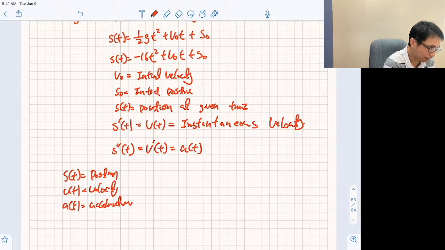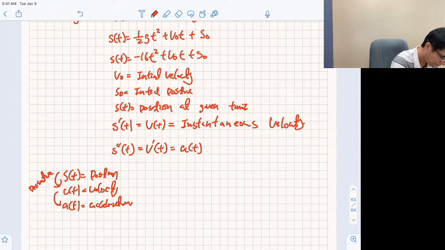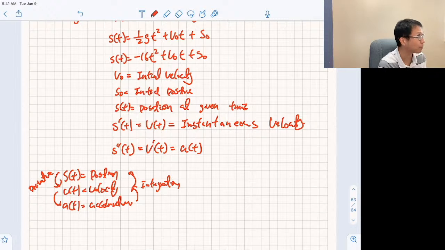So basically, every time you go down, you take a derivative, right? But you go up, you do what? Integration. So antiderivative, right? But the only small difference is every time you integrate something, you're going to have plus c involved.